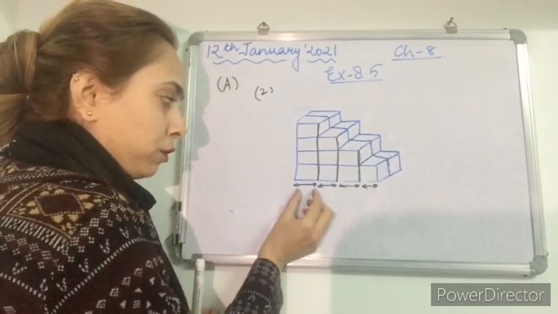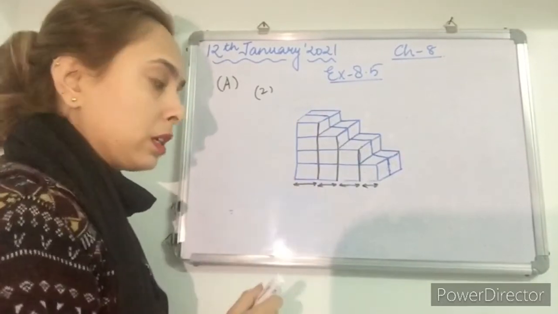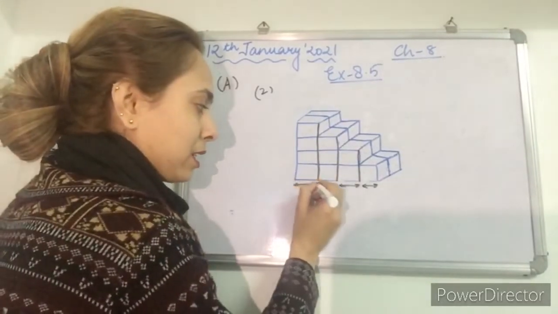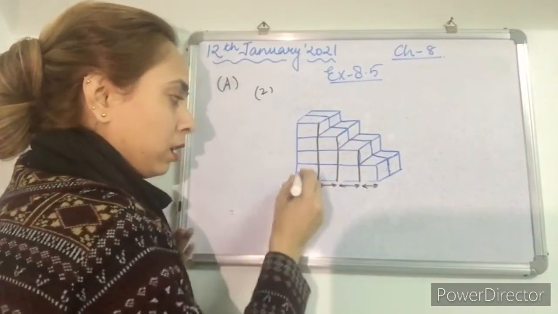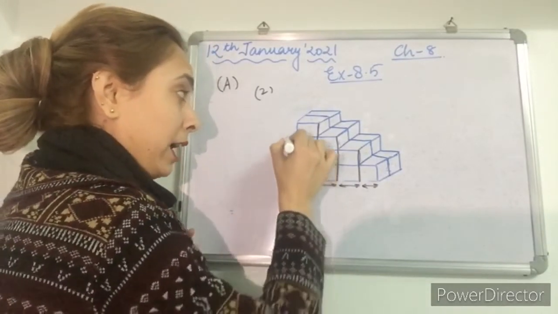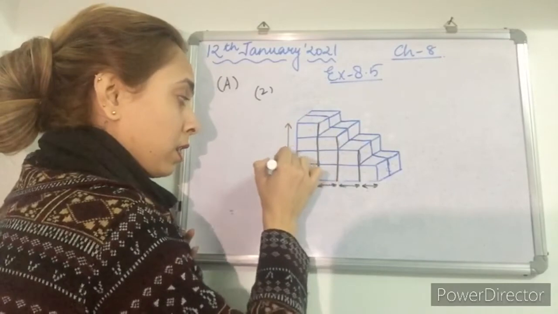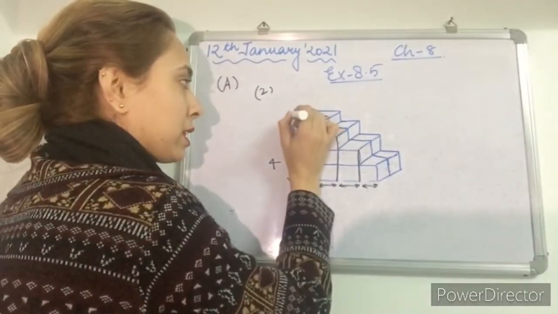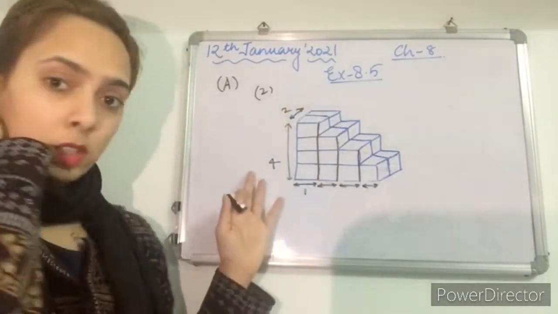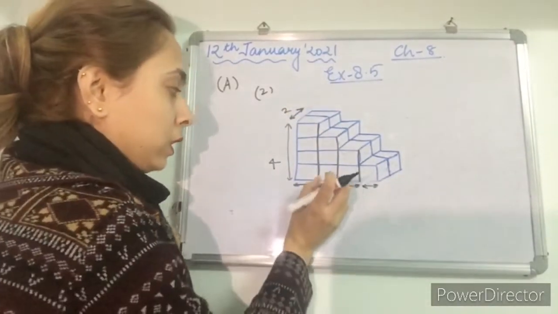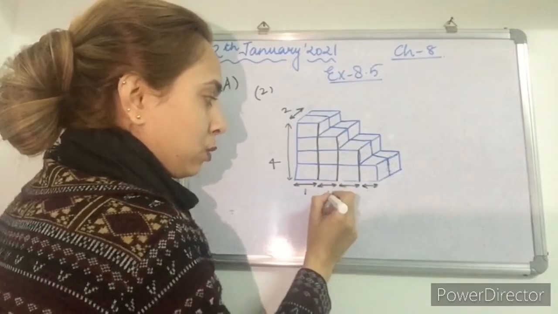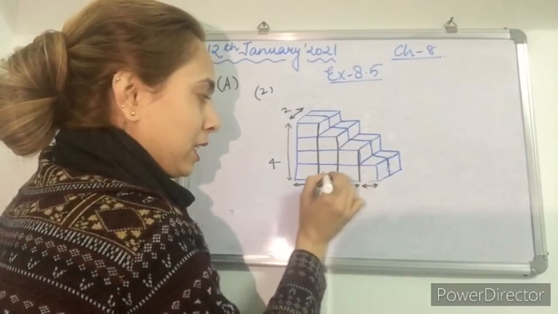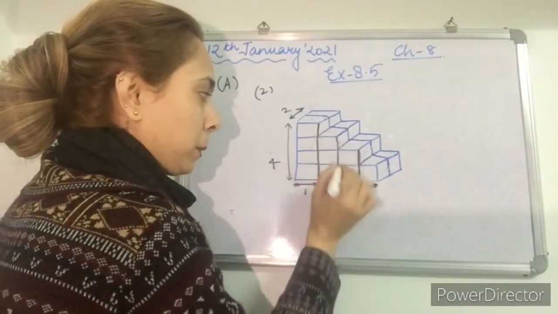So let's talk about the first cuboid. Here the length is 1, the height is 4 and the breadth is 2. Next, length is 1, height is 1, 2, 3.